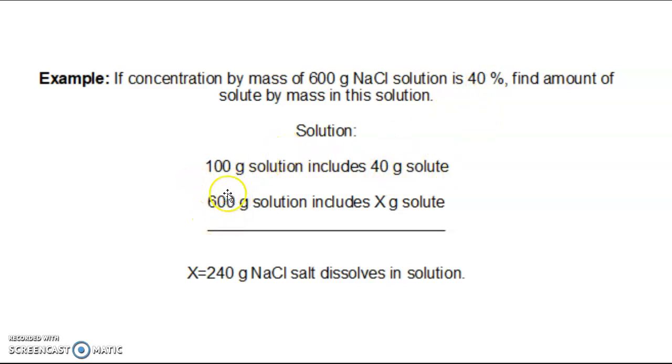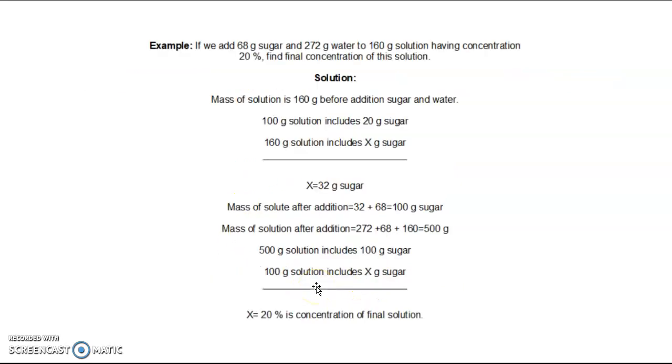Then, if we have 600 grams of solution, how many grams of solute can we have? Then using a proportion, you can get the grams of solute, in this case sodium chloride, in 600 grams of solution.